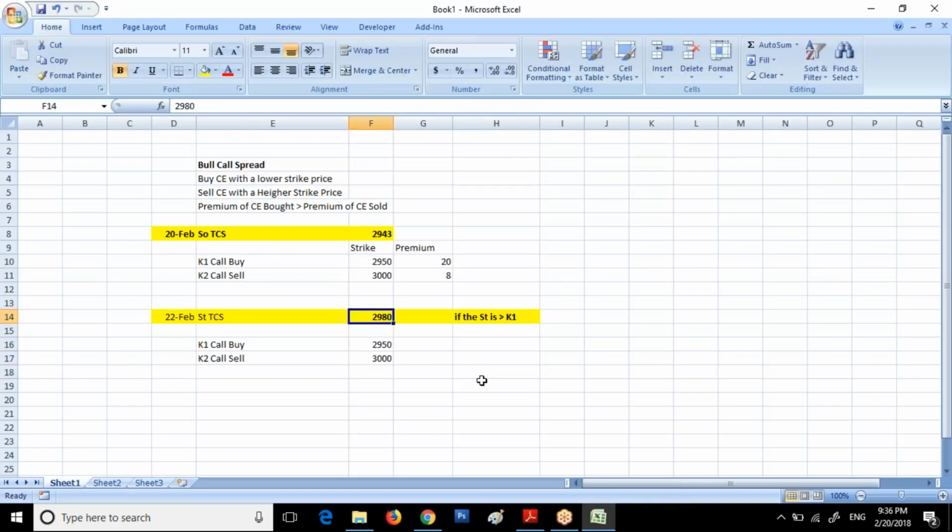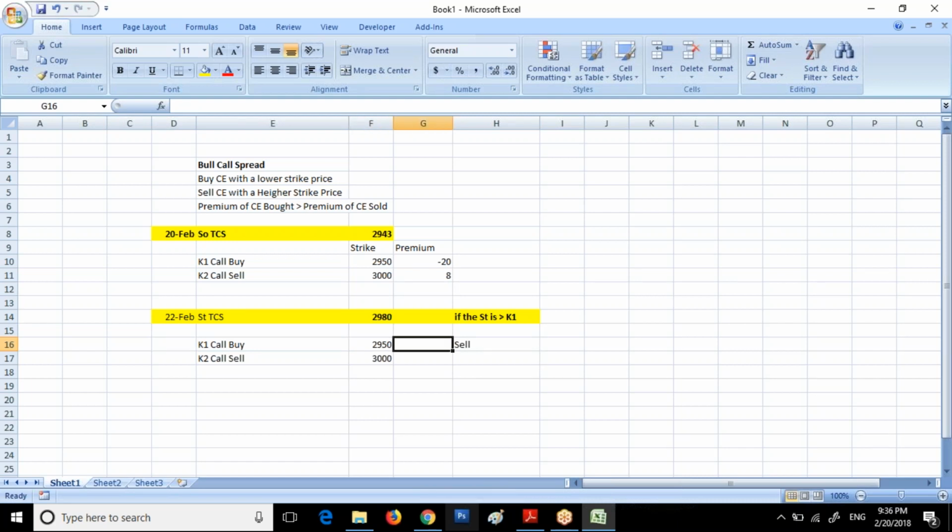So what will be the payoff now? Let's take the premium here. What should be the premium on the date of expiry? The time value will be 0, and the intrinsic value will be how much? This is what you paid, and this is what you received. You purchased this, so you sell it here to close your position.